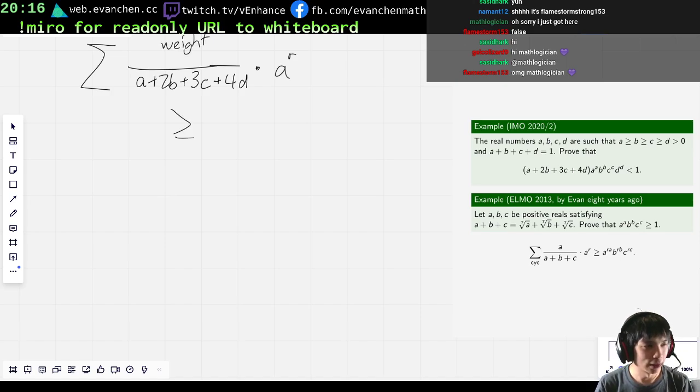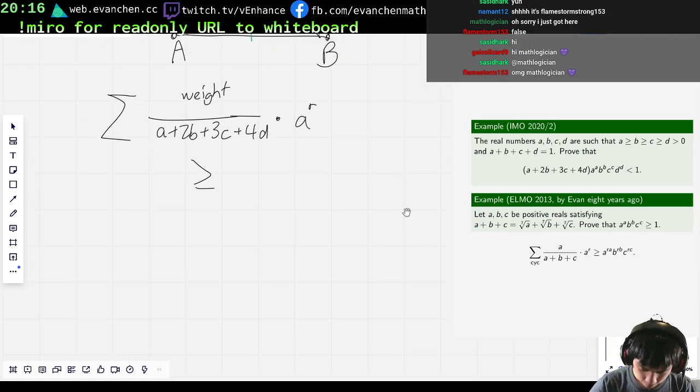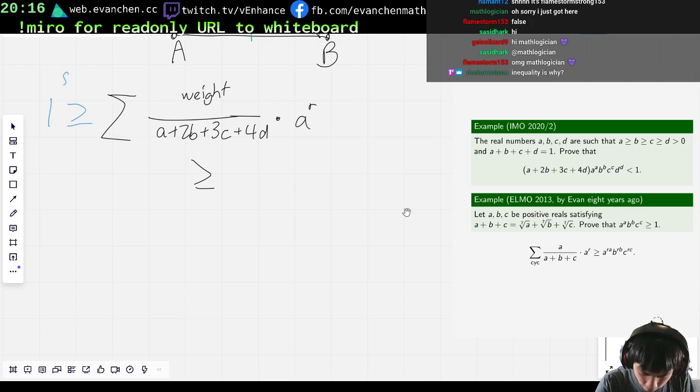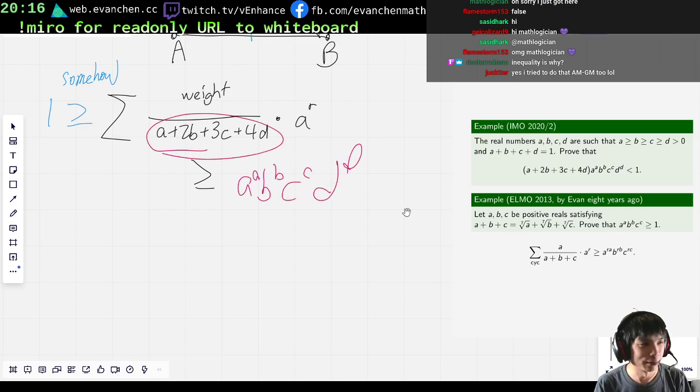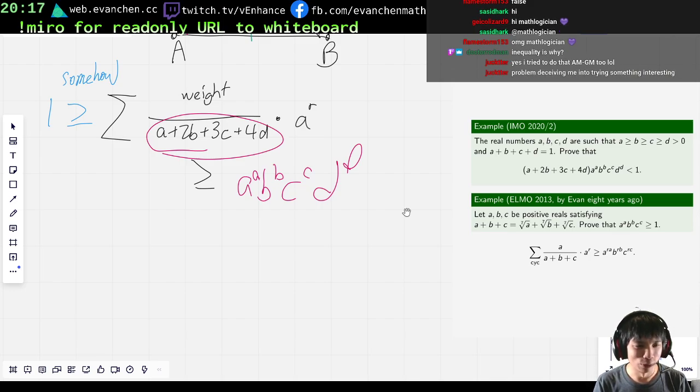I'm somehow going to get something less than or equal to 1 on the left-hand side. And on the right-hand side, if I can get a to the a, b to the b, c to the c, d to the d, that's it. That's why this denominator is here, because I'm here to do the weights. So I tried this for a while.